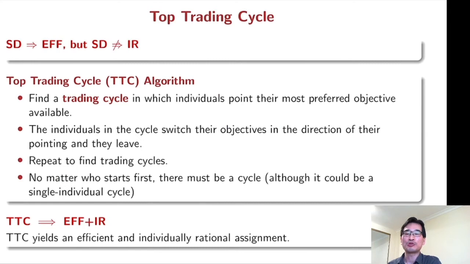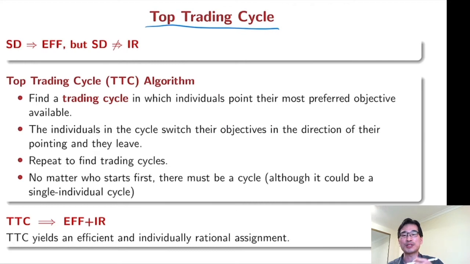So we are going to introduce an algorithm to find an efficient and individually rational assignment, called the top trading cycle algorithm. As the name suggests, we are going to find a trading cycle in which individuals point to their most preferred available object.